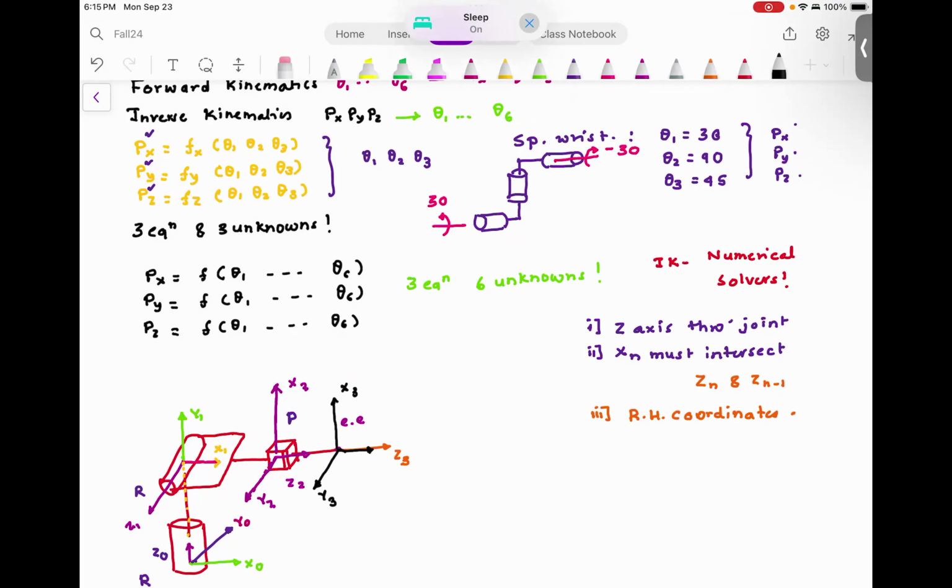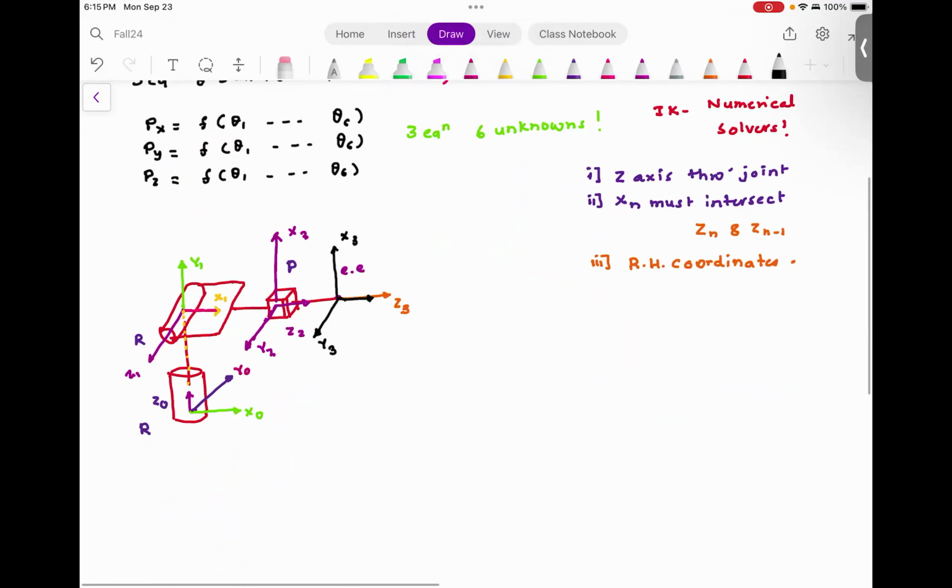Are you with me? Any questions about the coordinate system? So please note here, rule 2 is not satisfied, but that's okay because we cannot satisfy that rule anyway.